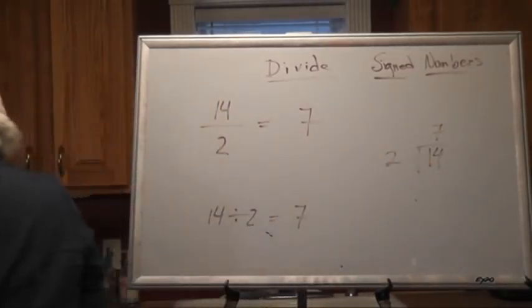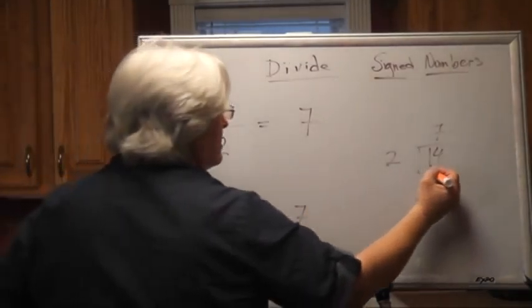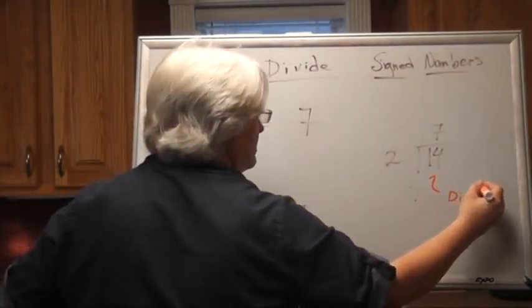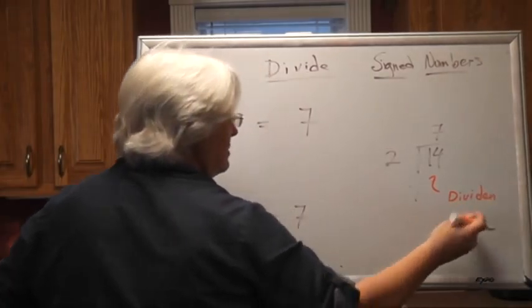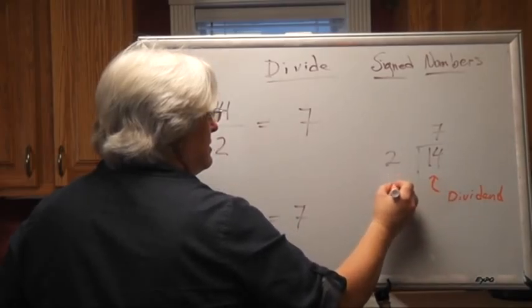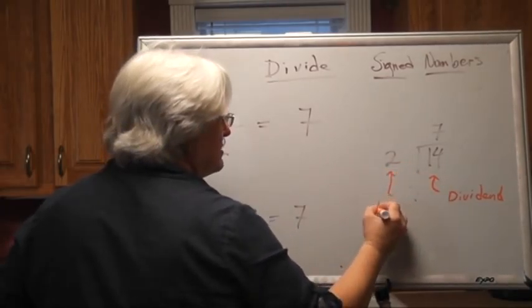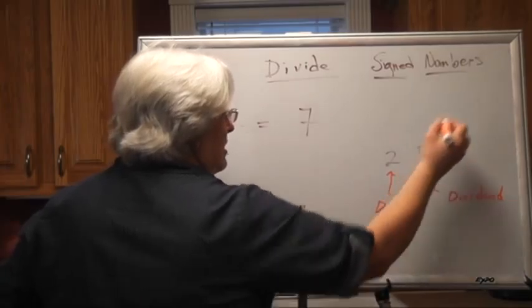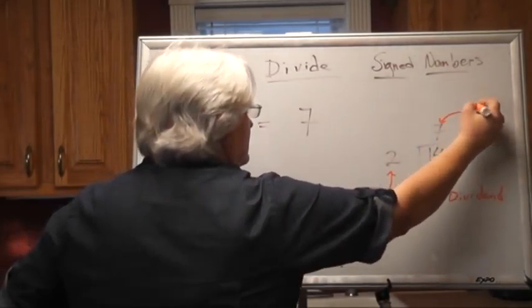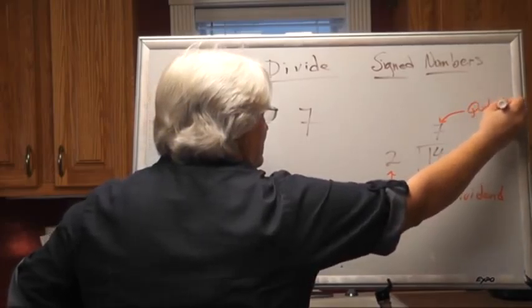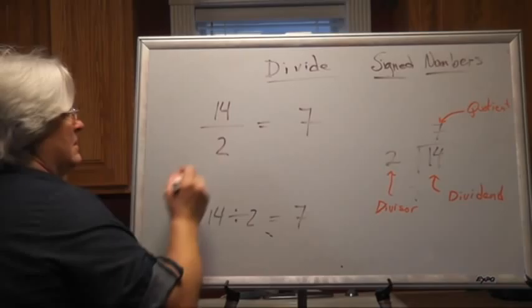I'm going to go ahead and use a different color marker here. This right here is the dividend. And this right here is the divisor, and this right here is the quotient. Okay?